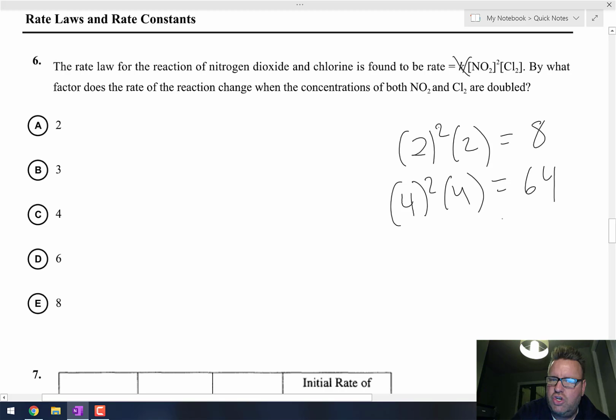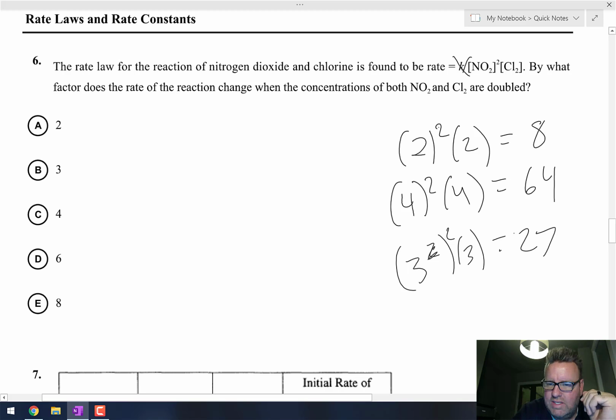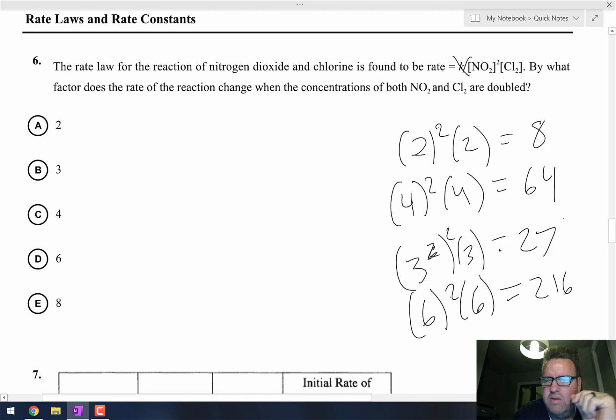And again, let's say we use the number 3. 3 squared times 3 is 27. And then if we double that, then it's 6 squared times 6. 6 squared is 36. 36 times 6 is 216. Okay, and obviously you can see here, how much is it going up by?